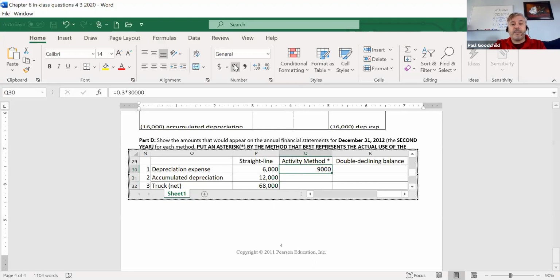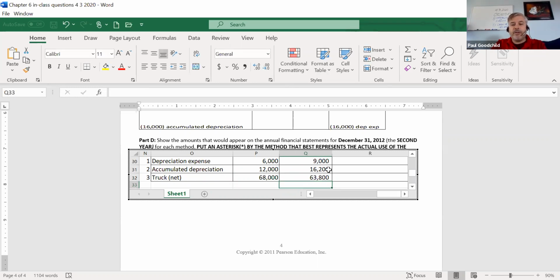And so that's an expense of 9,000. Our accumulated depreciation would be the 7,200 plus the 9,000 above, and that's 16,200.